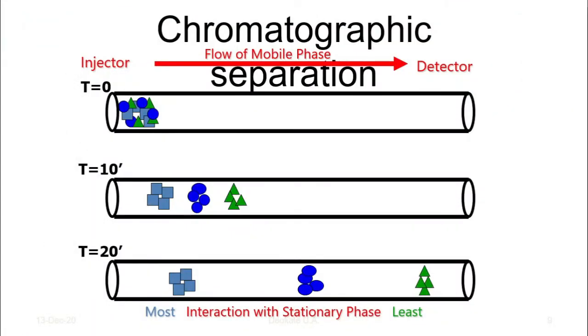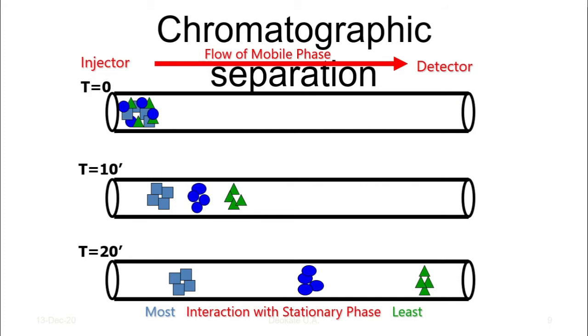We can demonstrate this chromatographic separation by this diagram, where you can see the separation. Once you have injected the mixture at time t equals 0 and we allow the mobile phase to flow through this column, it is detected by the detector which is placed at the end of the column. At time t equals 10, we can observe zone formation; separate components get separated out in the column.